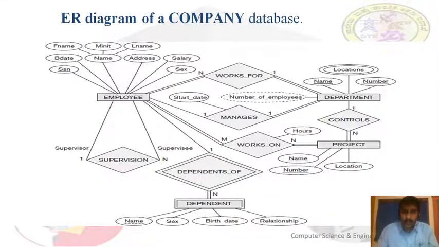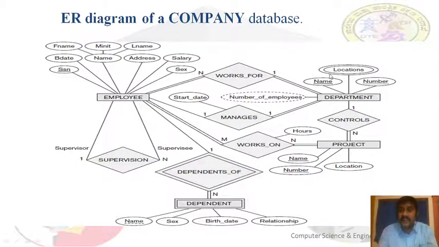Composite attributes are also in oval shape. When we consider the employee entity type, we have an attribute name, which we can specify as a composite attribute because it is subdivided into first name, middle initial, and last name. Then the multi-value attribute is denoted as a double oval.